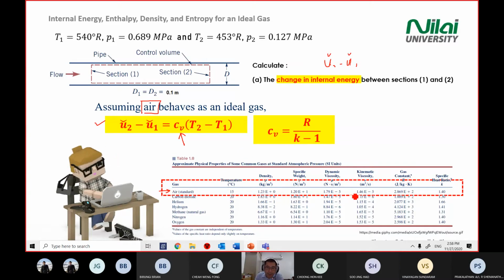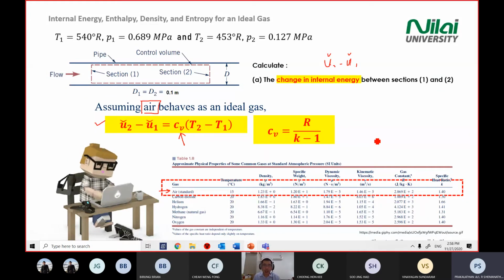Now, for this table, you need to be careful on the unit. For air and water, we use a standard temperature, but for chapter 6, you need to be careful on the temperature. There's no standard temperature here anymore.